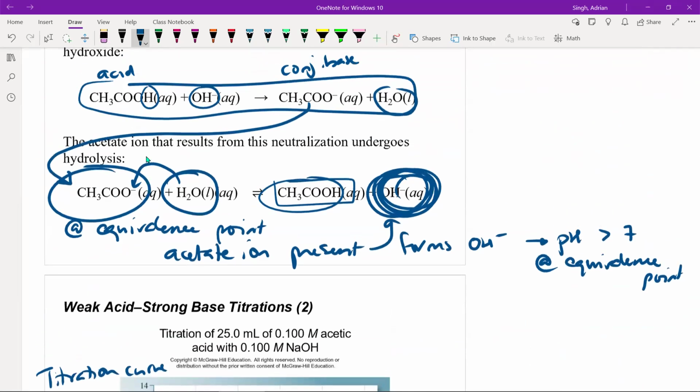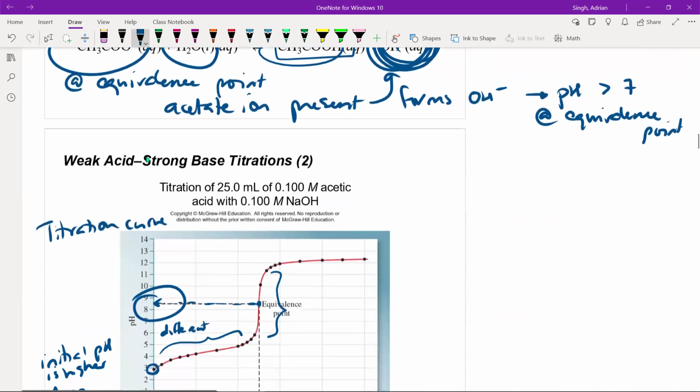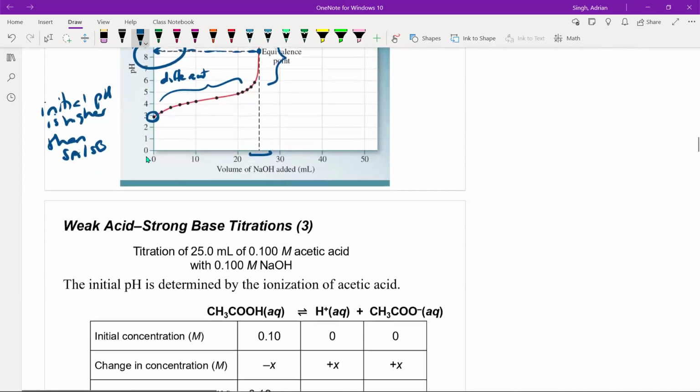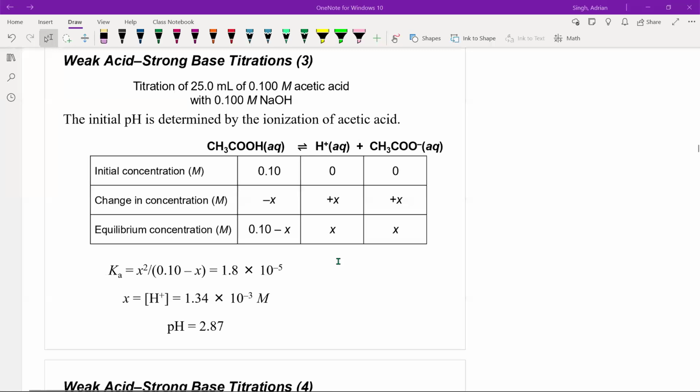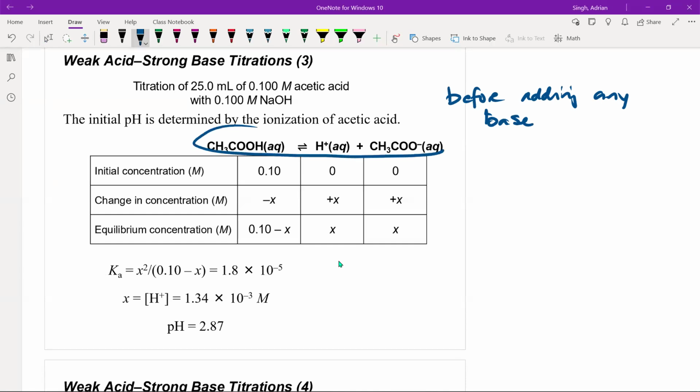So let's take a look at some calculations involved in determining the pH at each point in the addition of the strong base to the weak acid. Let's take a look first of all at the very beginning. Before adding any base to the weak acid, all we have is just the acetic acid, and that's an equilibrium system.